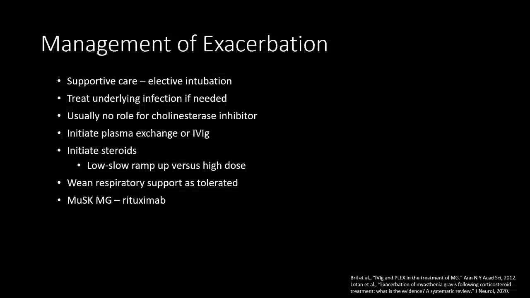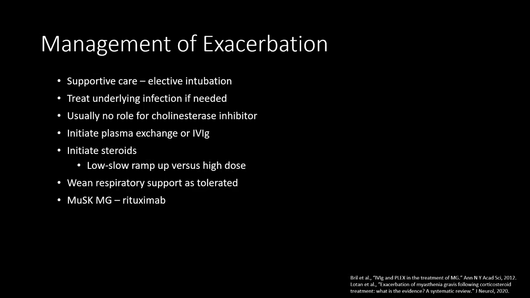There's some debate as to what you should use in myasthenic crises. Some people are pretty dogmatic that if a patient is mechanically ventilated, you should use plasma exchange because it works faster. When they actually looked at this in a randomized controlled trial of patients treated with either IVIG or plasma exchange with moderate to severe myasthenia, there was not any statistically significant difference on short or long-term improvement.